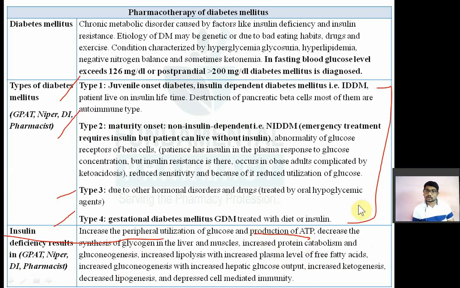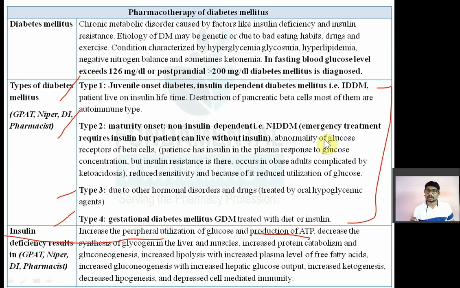You know that your body is made up of different cells, and every cell has its metabolism. Every cell requires energy for survival. For example, the brain is totally dependent on glucose.